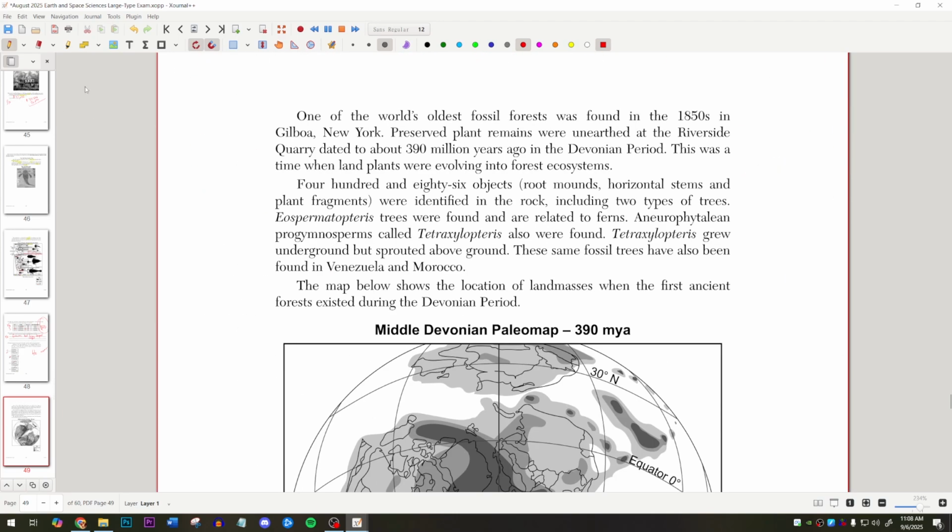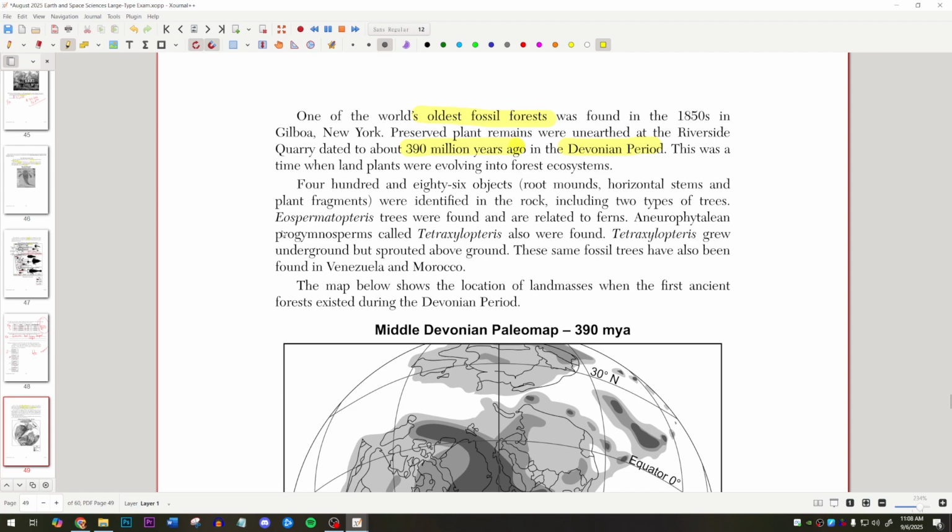One of the world's oldest fossil forests was found in the 1850s in Gilboa, New York. Preserved plant remains were unearthed at the Riverside Quarry dated to about 390 million years ago in the Devonian period. This was the time when land plants were evolving into forest ecosystems. 486 objects, root mounds, horizontal stems, and plant fragments were identified in the rock, including 2 types of trees.